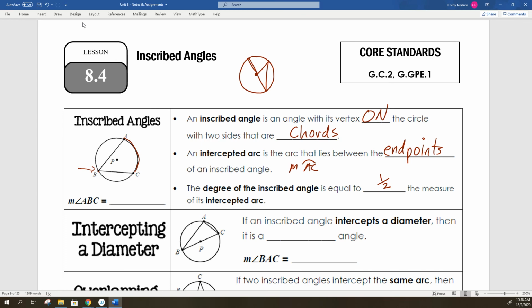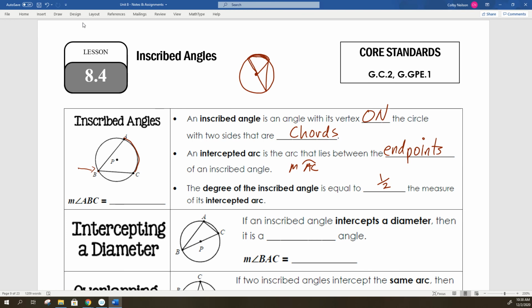That angle becomes half as big. So the angle is half as big as the arc. The arc remains the same. So to find the arc, you just multiply the angle by 2. Or to find the angle, you divide the arc by 2. Okay, so intercepting a diameter.